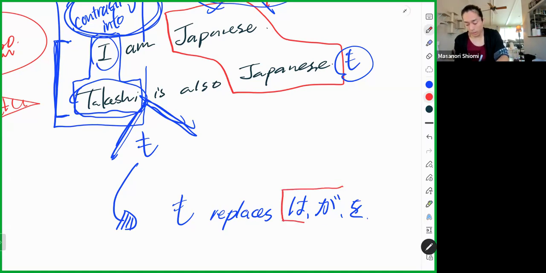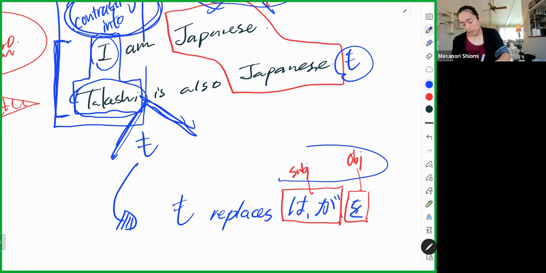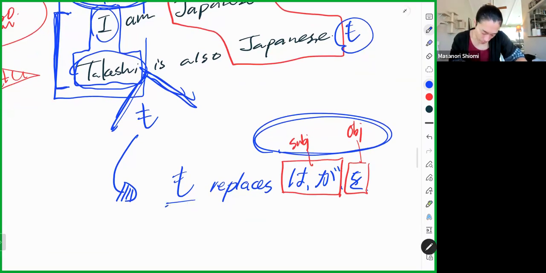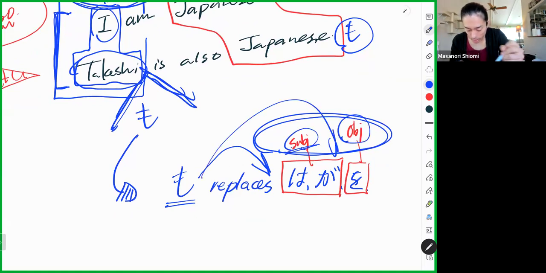Because both wa and ga are about indicating the subject of the sentence, and o is about indicating the object of the sentence. Usually in languages, subject and object are really part of the main stuff, right? So if you memorize it that way, it might be easy. Mo is so capable that it can act as wa or ga, indicating the subject, and o, indicating the object of the sentence.